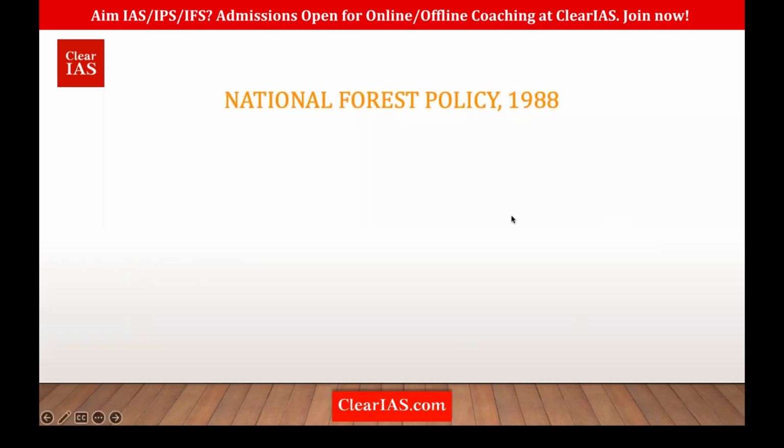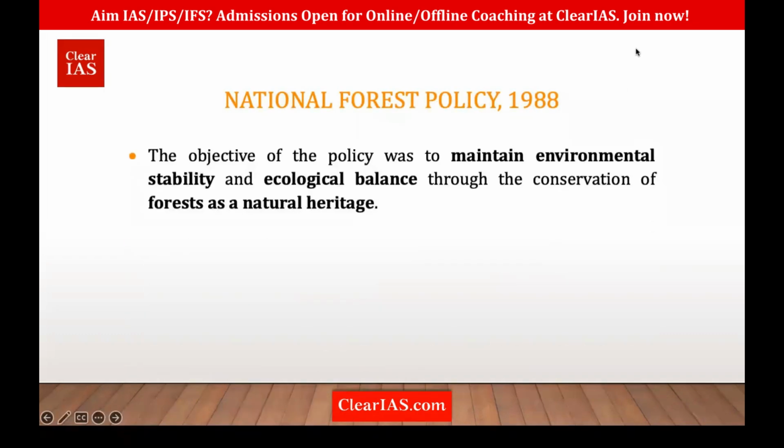Also, in 1988, there was a National Forest Policy which came about. So what does this national forest policy do? Since the 1970s and 1980s, the basic aim was to conserve the forest. Earlier, it emphasized the commercial value of forest, but since the 1980s, we are focusing on the ecological value.